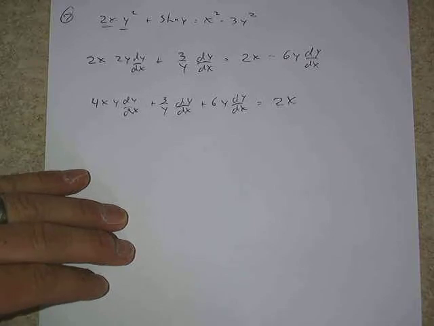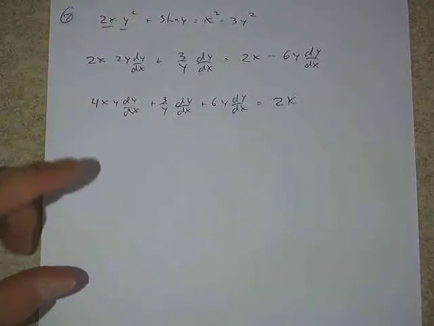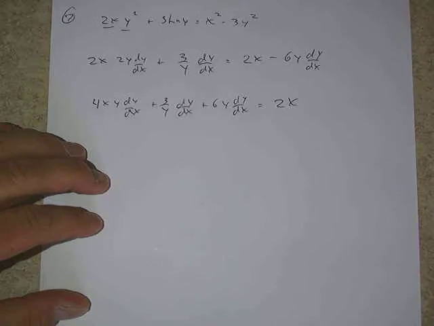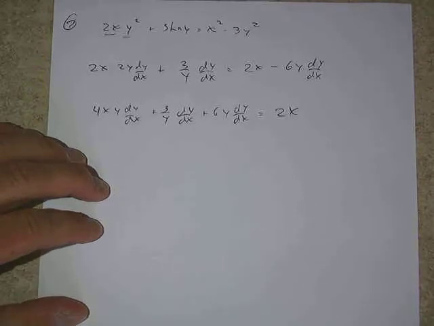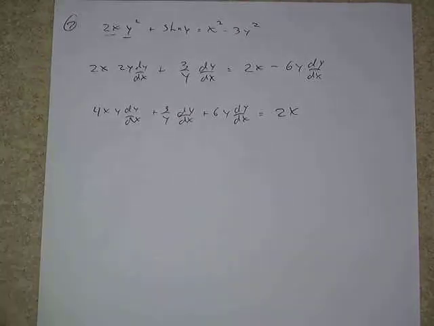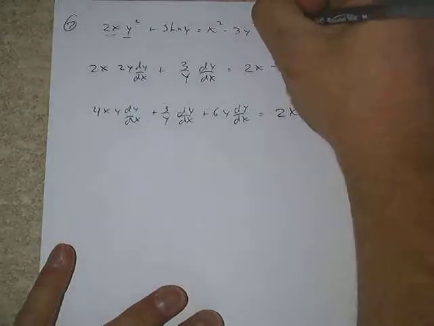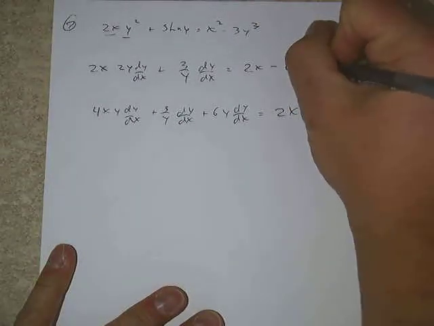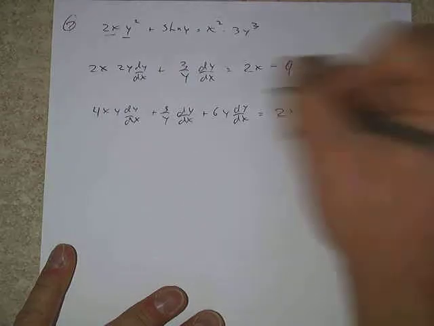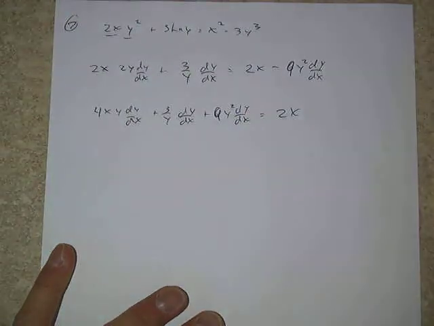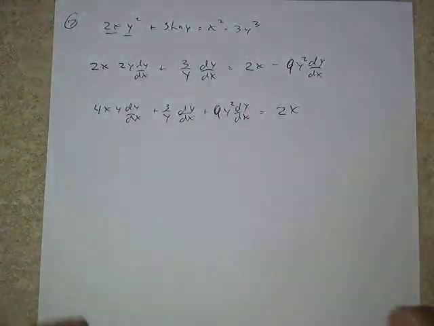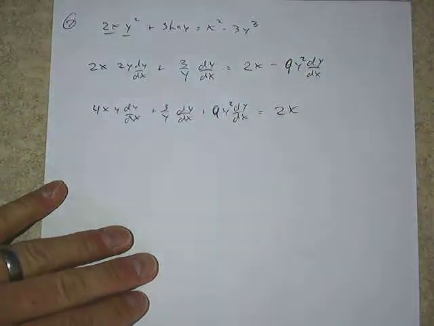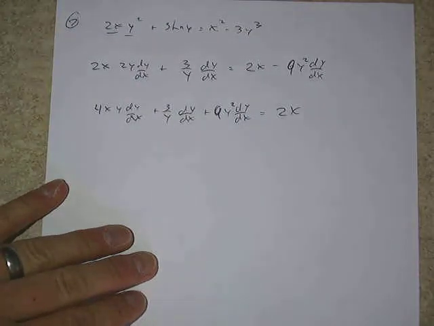All right, if we collect our terms on this side, we have 4xy dy dx plus 3 over y dy dx plus 6y dy dx. Over here, we'd have just 2x only. Supposed to be 3y to the third.